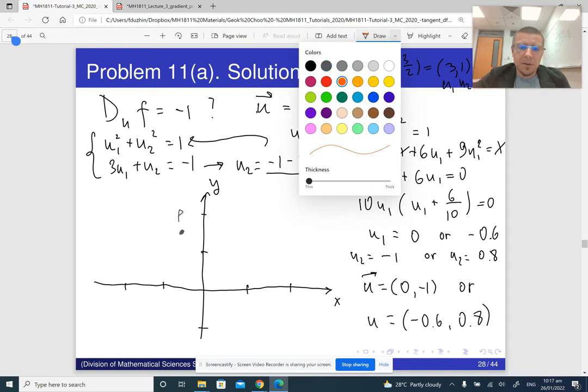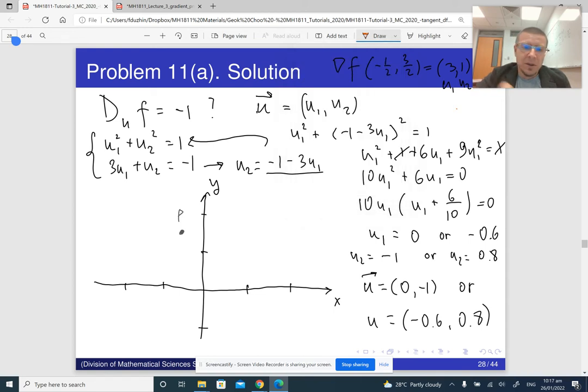Okay, so then we need to indicate our two vectors, (0, -1) and (-0.6, 0.8). So along x it is 0 and along y it is -1. So it looks like this.